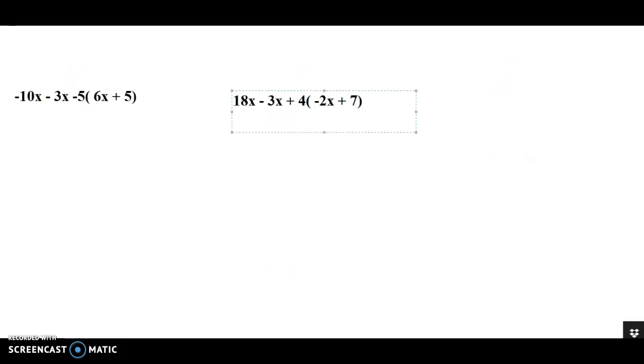So now let's look at these two problems here. We're going to perform the distributive property. But what are we going to perform the distributive property on? We're going to perform it here.